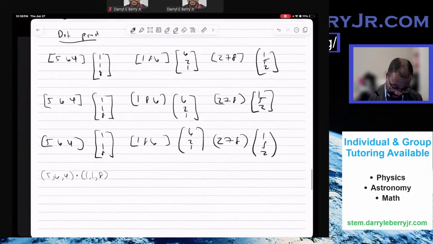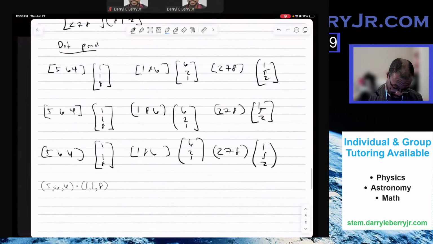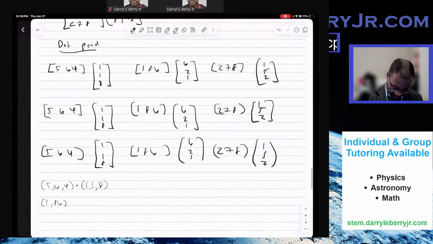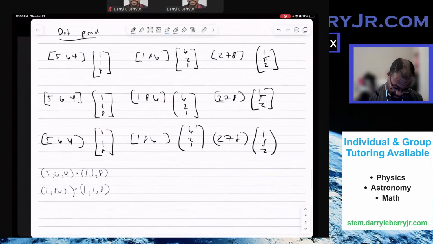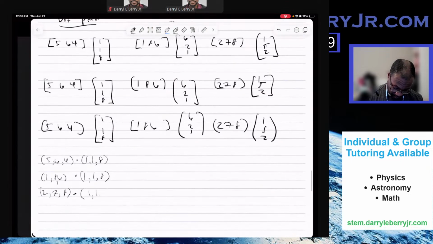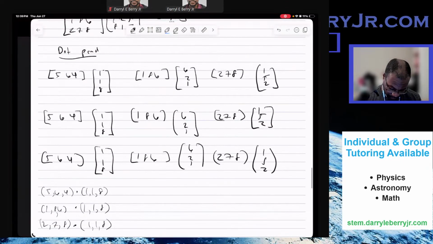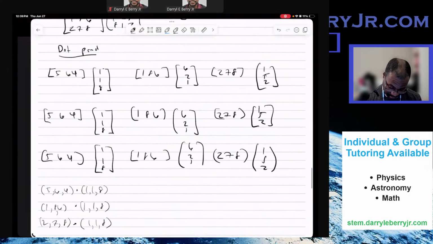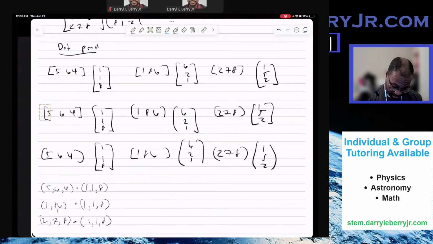And it'll go all the way down the line. 1, 8, 6, dot product 1, 1, 8, and 2, 7, 8, dot product 1, 1, 8. So even trying to do it the fancy way, I mixed up my column numbers.